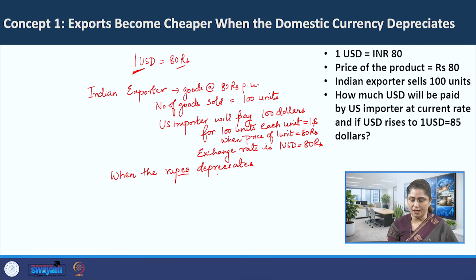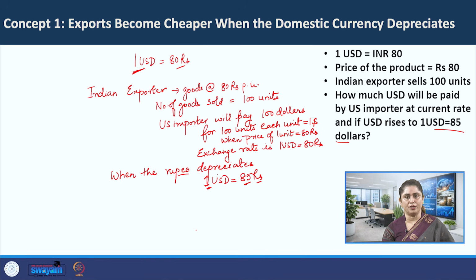When it depreciates, say 1 USD is equal to 85 rupees. That means if you have to buy 1 USD, you will have to spend 85 rupees. So, USD is becoming expensive. Hence USD is appreciating while the rupee is depreciating.